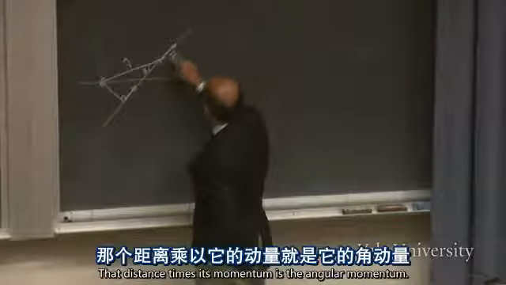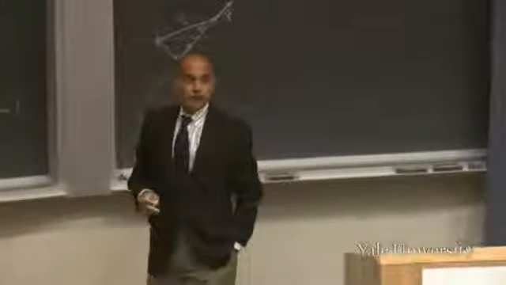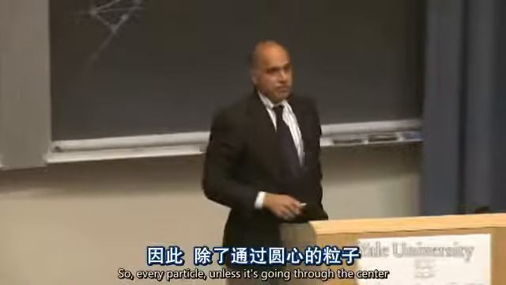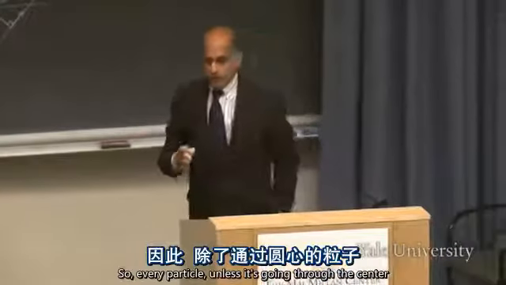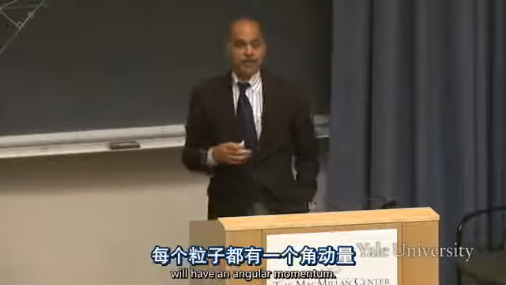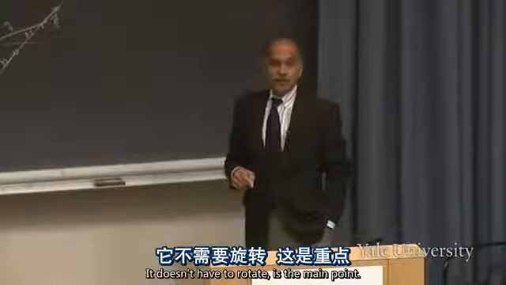That distance times its momentum is the angular momentum. So every particle, unless it's going through the center about which I'm finding the angular momentum, will have an angular momentum. It doesn't have to rotate, is the main point.